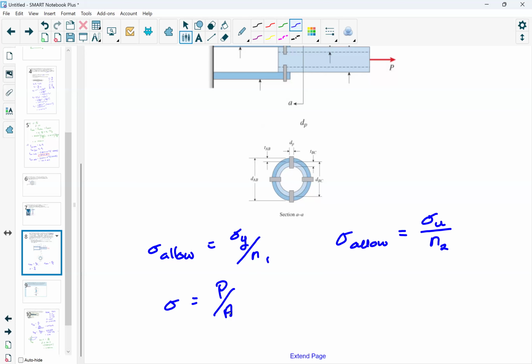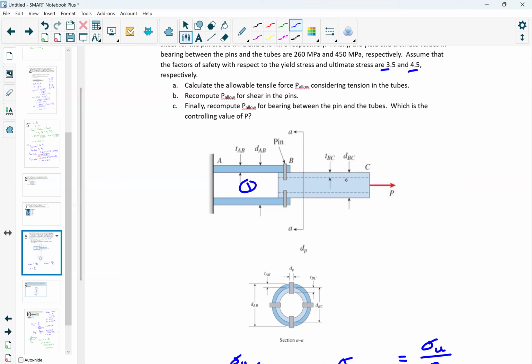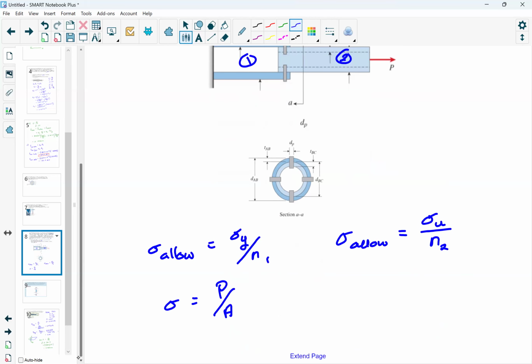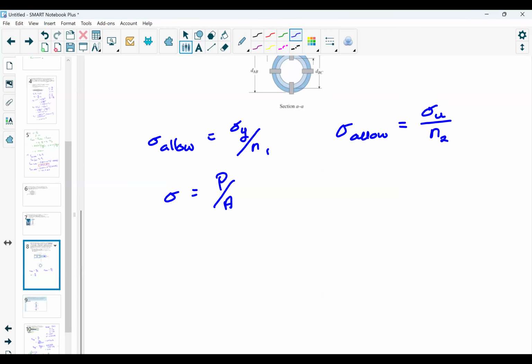So we've got two tubes, do we agree? We'll call this tube 1 and this tube 2, and we want to figure out P allowed for the tubes. Then we're going to go back and figure out P allowed for the shear in the pins, so this would be the tau expression, and then the bearing between the pins and the tubes. They want to know which is the controlling value of P. As we saw in the last problem, the controlling value is always going to be the smallest value.